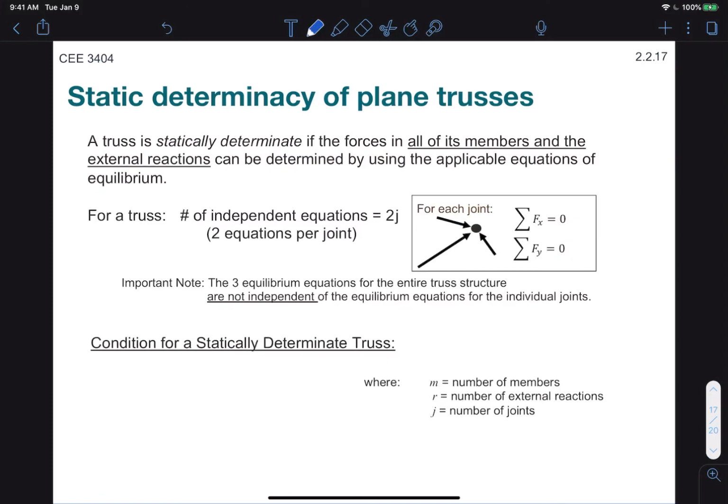So now let's formalize this. The truss is statically determinate if we have the same number of unknowns and equations. And like I said, we have 2 independent equations per joint. Now there's a very important note here, which says that the 3 equilibrium equations for the entire truss structure are not independent of the equilibrium equations in the individual joints.